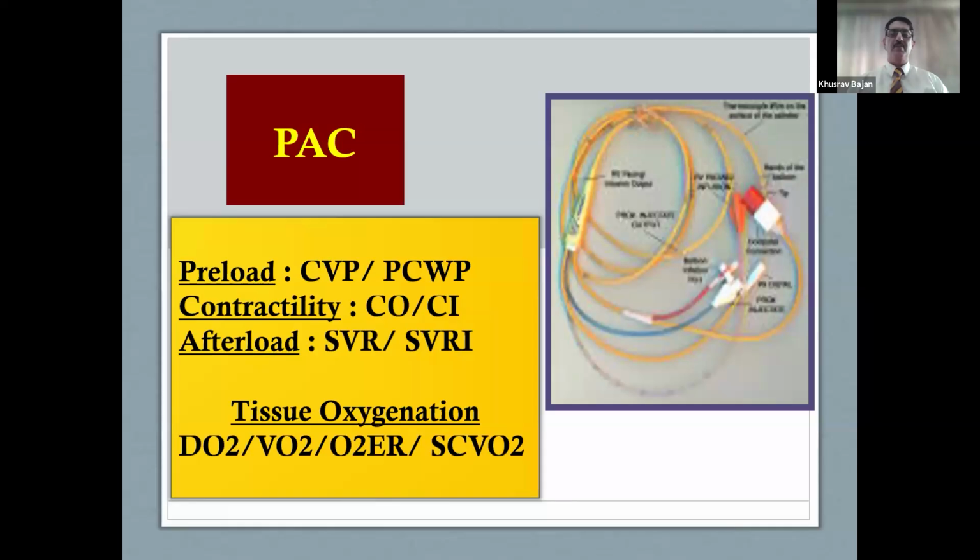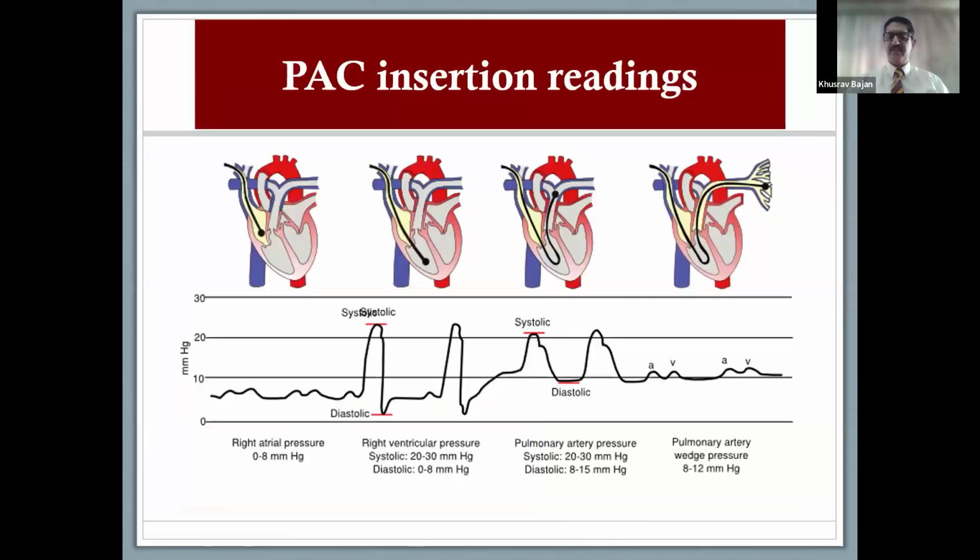It not only gives you preload in terms of CVP and wedge, contractility in terms of cardiac output and cardiac index, or afterload in terms of SVR and SVR index, but it tells you tissue perfusion, which I just showed you. It tells you about the DO2, the VO2, the extraction, and the SVO2 or the SCVO2, which is mixed venous oxygen saturation. And this is how we insert or float a PA catheter.